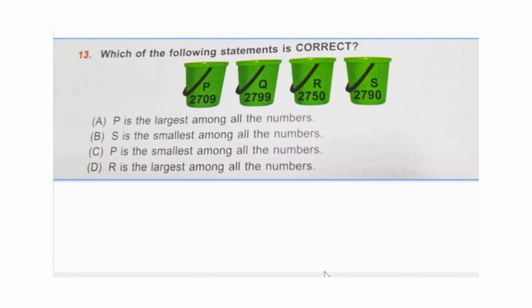Now let's look at question number 13 of the number sense. The question reads, which of the following statements is correct? And the options are P, which is 2709, Q, which is 2799, R, which is 2750, and S, which is 2790.